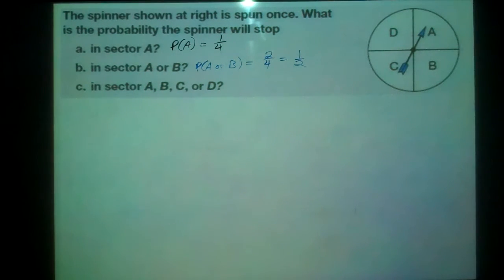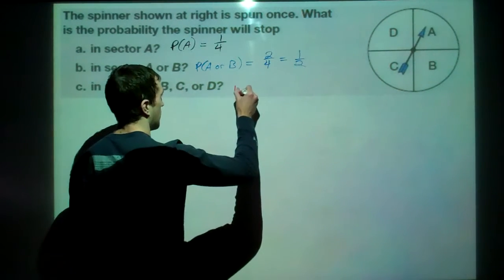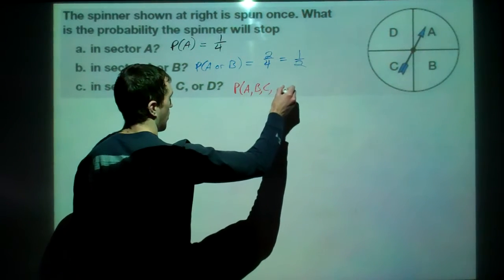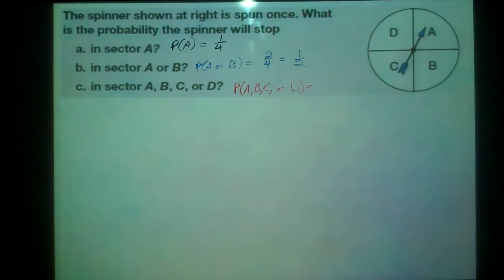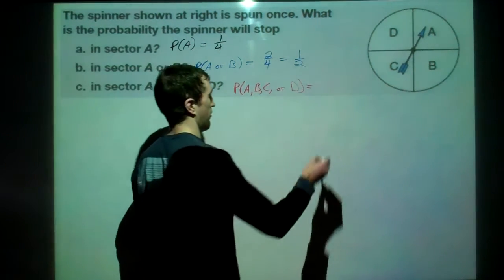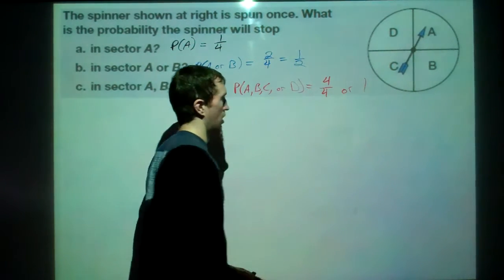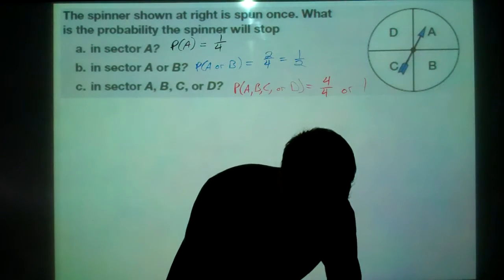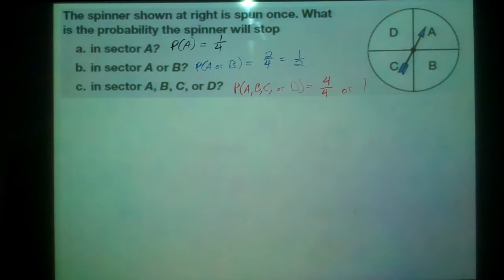And our last one, probability that we land in sector A, B, C, or D. Well, that is all of our sectors, so the probability of that happening is going to be 4 out of 4, or 1. So that is a 100% that it actually will happen. Okay? So that would be a couple examples of how we find probability. Should be a bit of a review.